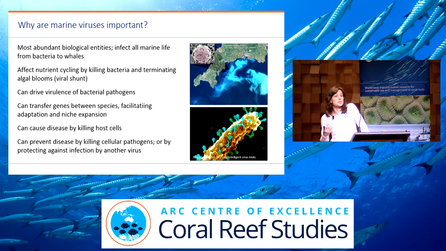They can also cause disease by killing host cells, but on the contrary, they can sometimes prevent disease by killing cellular pathogens. And again, in some instances, lysogenic viruses, once they insert themselves into their host, can prevent infection by another virus in that host. So viruses can have a wide range of roles in almost all systems in the world.